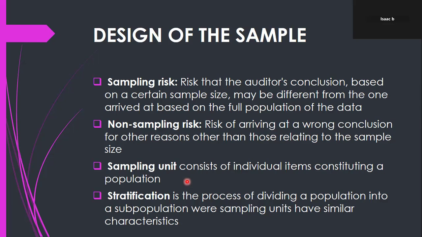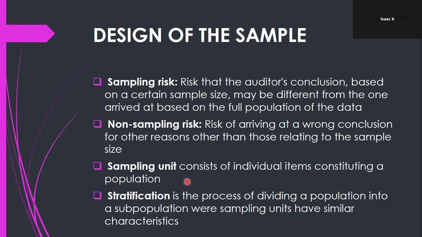If the auditor tests a particular sample that they select, then makes a decision based on that sample, and that decision is wrong compared to the decision that would be made if they tested the whole data, then that's sampling risk.